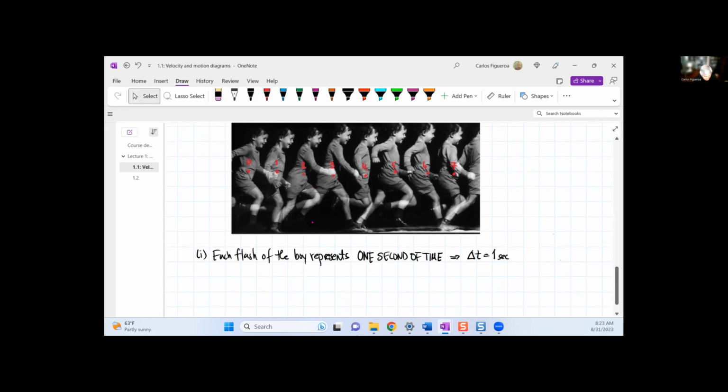Now, another thing that's worth looking at is that the strobe image also tells us about a horizontal distance.